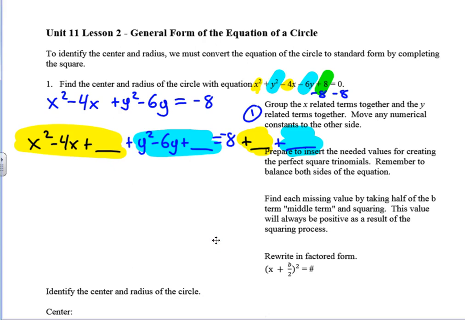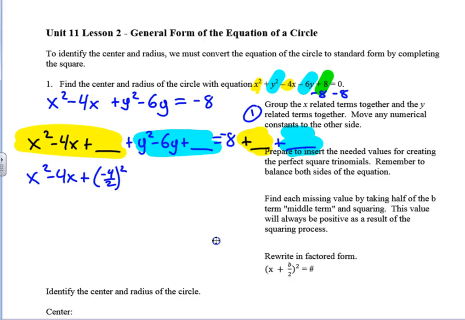The way that we're going to do that is we're going to find each missing value by taking half of the b term and squaring it. So the b term for x here is negative 4, and so this will be x squared minus 4x plus (negative 4 divided by 2) squared.